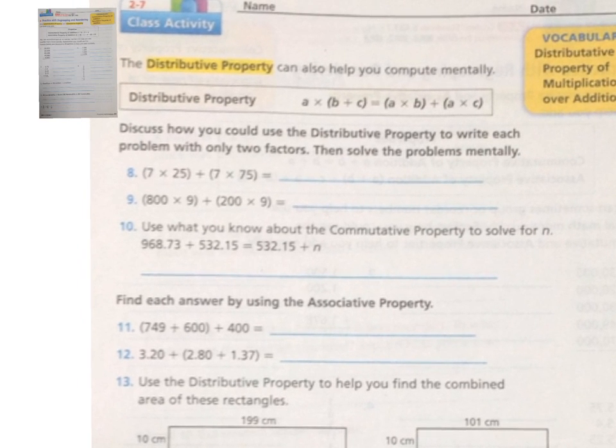So this one says, this actually is the one that we just did on the other page. So let's look at number 9. So number 9, we have a factor of 9 that's used in both of these groupings. So let's pull that out separately. And then we're going to add these other 2 factors together into a group.